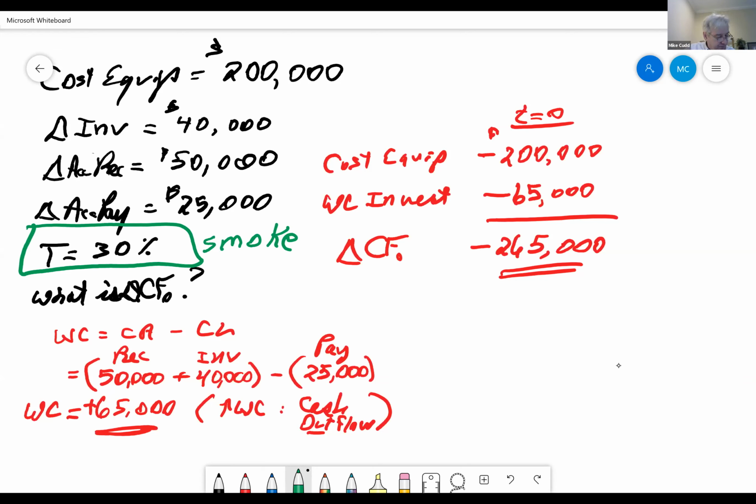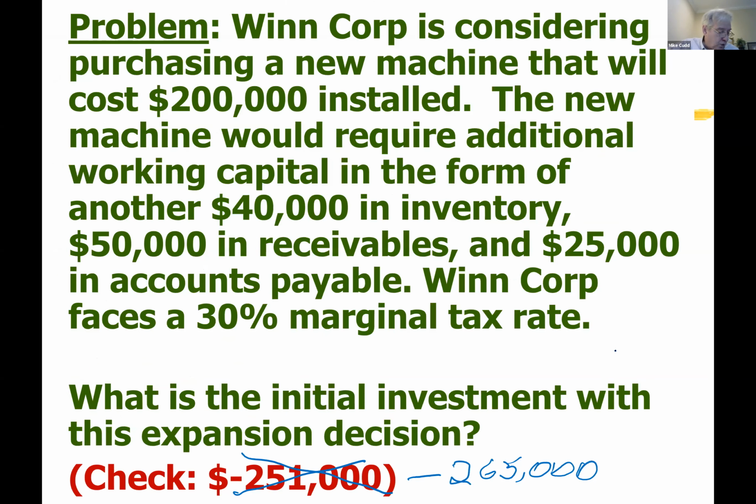Okay. Let's work one more segment of the Wind problem, and that's actually on slide 23.